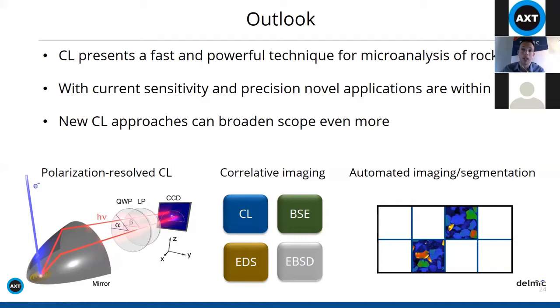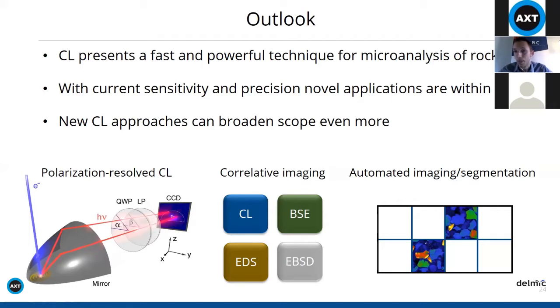New CL approaches from the hardware side can also broaden the scope and give new applications. The polarization resolved and the angle resolved imaging was already mentioned. Another new thing in the cathodoluminescence world is time resolved imaging, where you look at the time dynamics. This is also very interesting in the context of defect analysis. As I mentioned, correlative imaging is, of course, an interesting way to go.